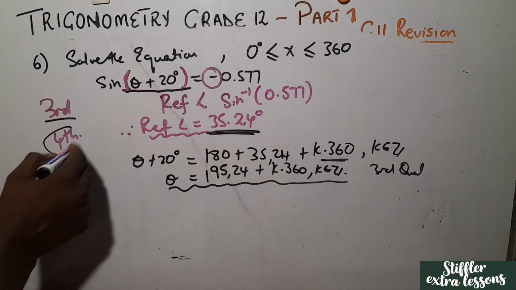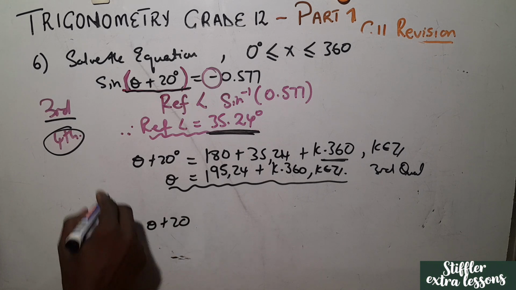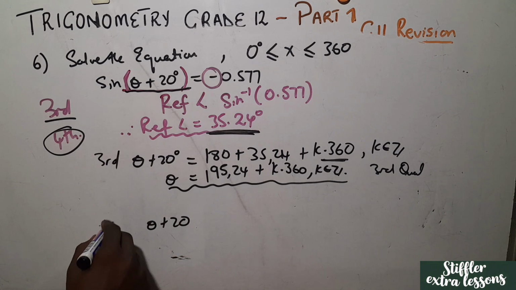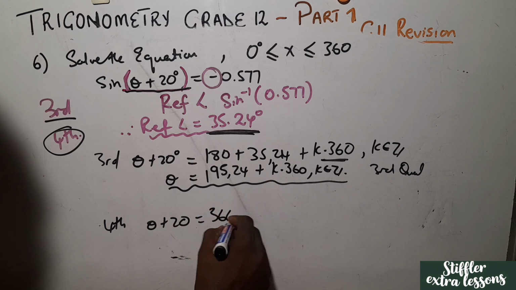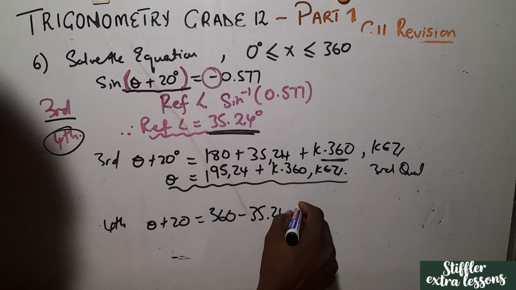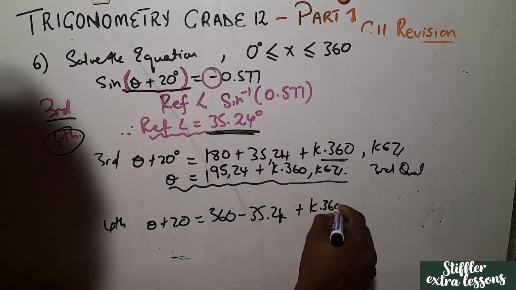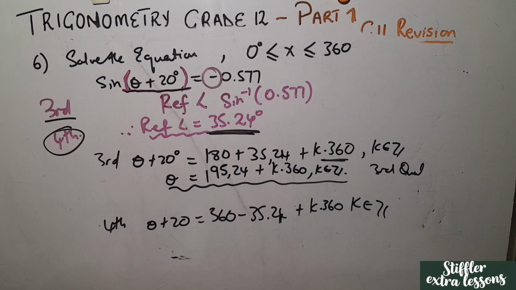And my solution in the fourth quadrant becomes theta plus 20 equals 360 minus 35.24 plus k times 360, where k is an element of the integers, right?